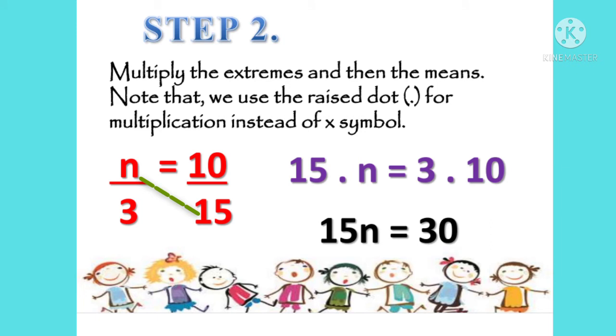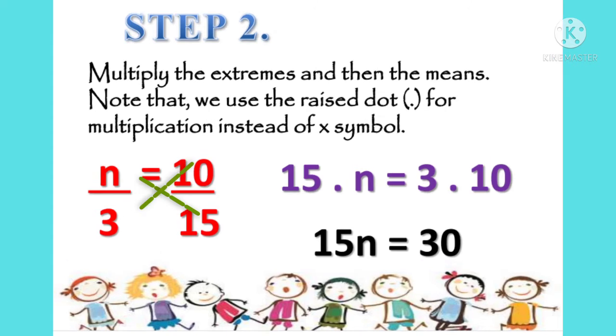For the second step, multiply the extremes and then the means. Note that we use the raised dot for multiplication instead of the x symbol. This is to avoid confusion.